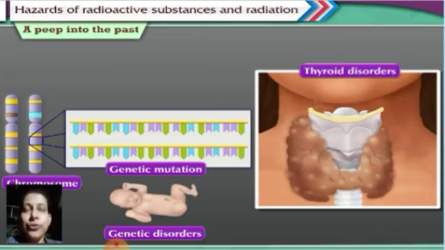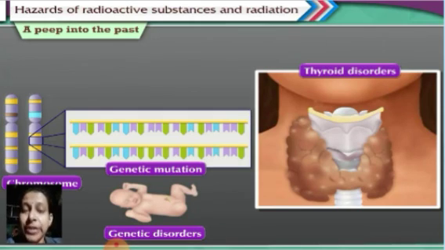We have also seen there are certain uses of it, though it is not dealt with now in detail, but you can go through these uses of radioactive substances and where they are used, because it is very useful information for you. So this is regarding today's topic, radioactive substances. I hope you have understood.